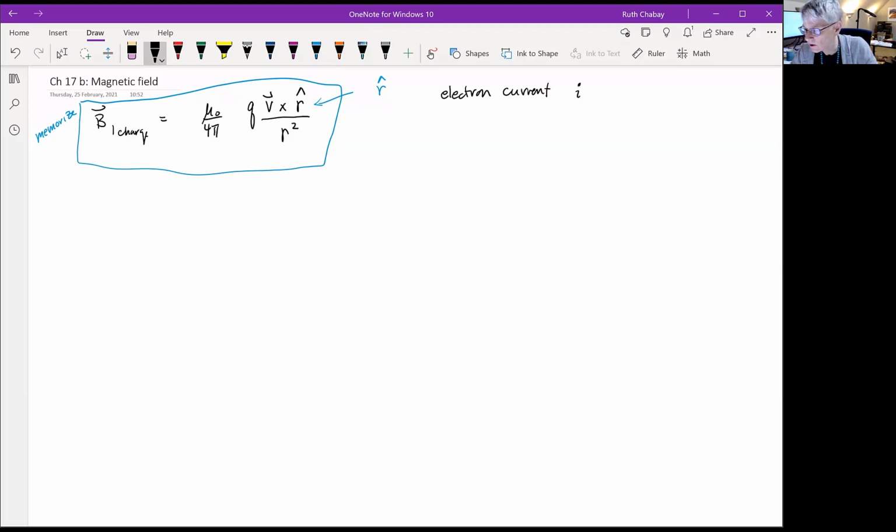We use the symbol lowercase i, and this is the number of electrons per second entering a section of conductor, and it ended up depending on the density of mobile electrons in the material, which depends on the material, and that's one of the things that makes some materials better conductors than others, times the cross-sectional area of the wire times the average drift speed.